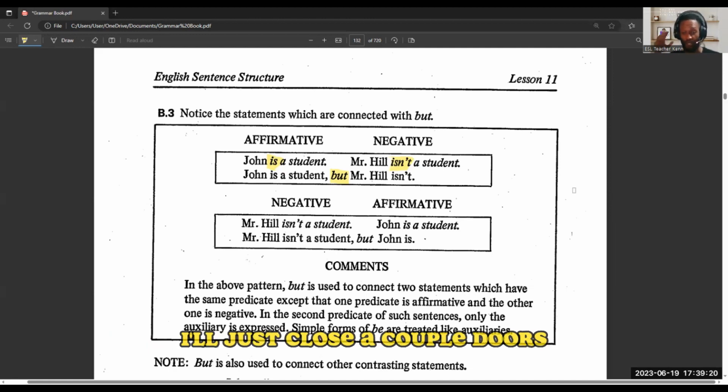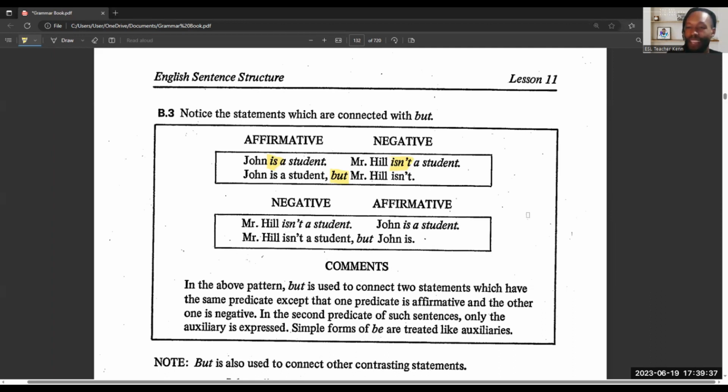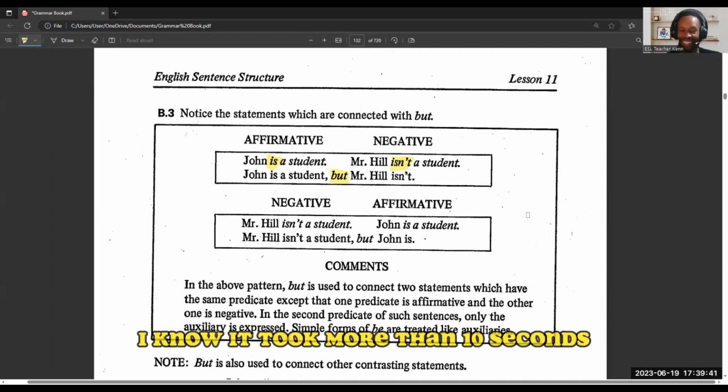I'll just close a couple doors. Okay? You can count if you want. Yes. I'm sorry. I know it took more than 10 seconds.